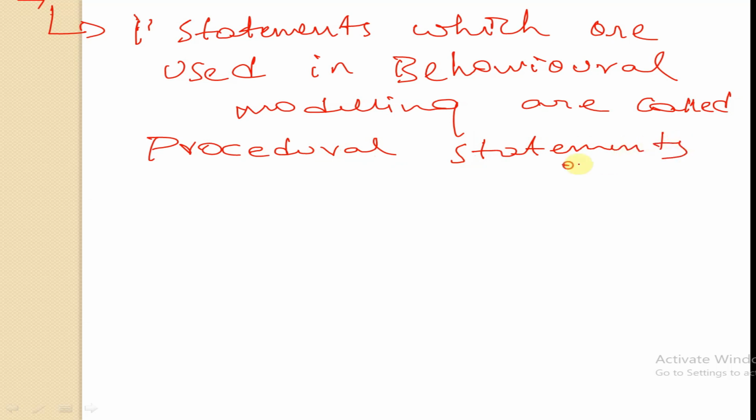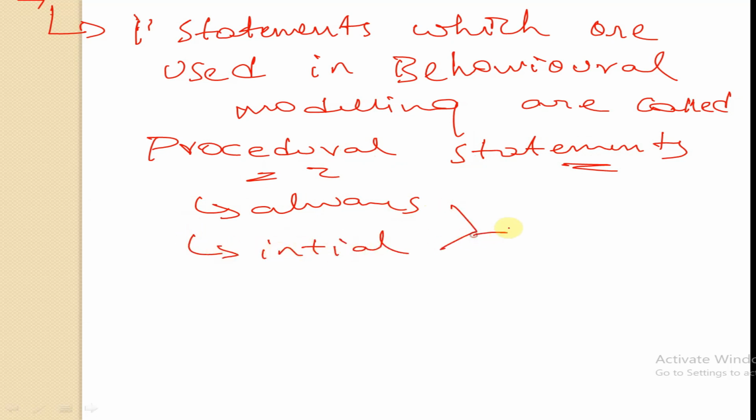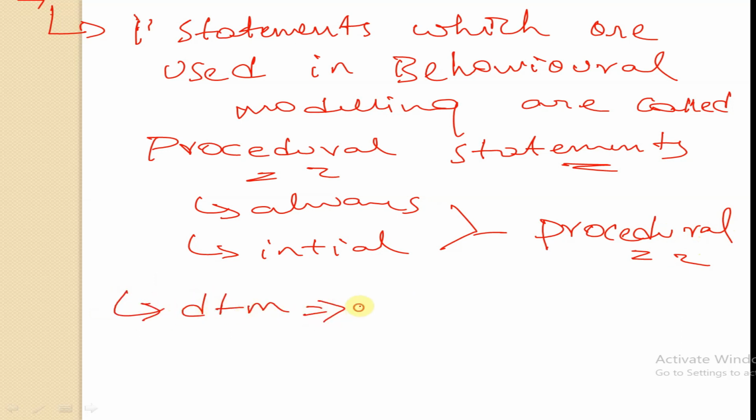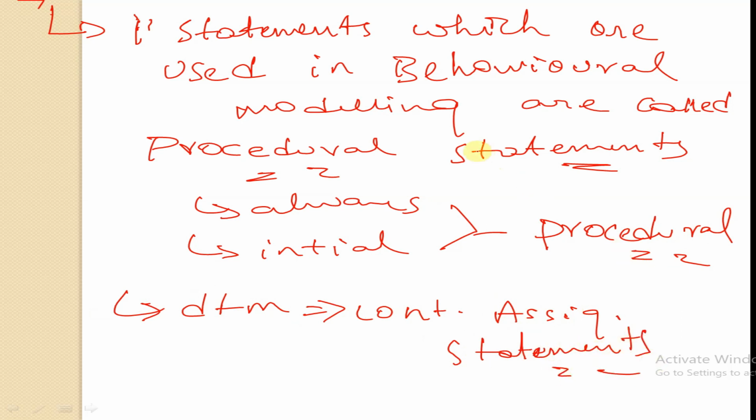All the statements which are used inside this always block and initial block are called procedural statements. Whereas in case of data flow modeling, the statements are called continuous assignment statements. So this is the difference between these two.